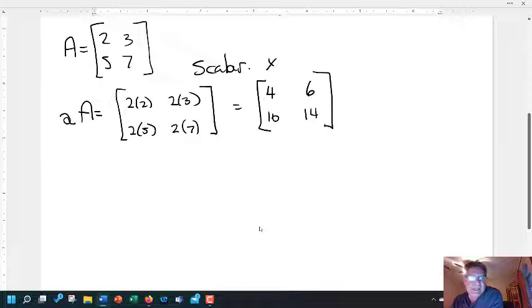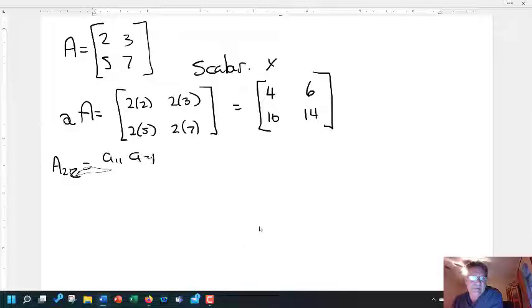So if A was a 2 by 2 matrix, that would be A11, A12, A21, and A22.